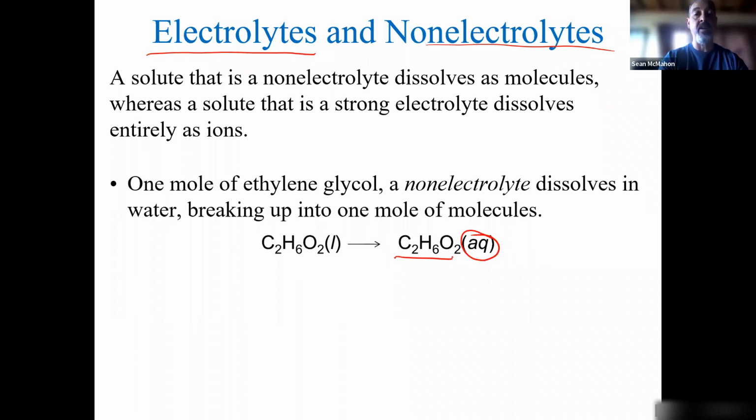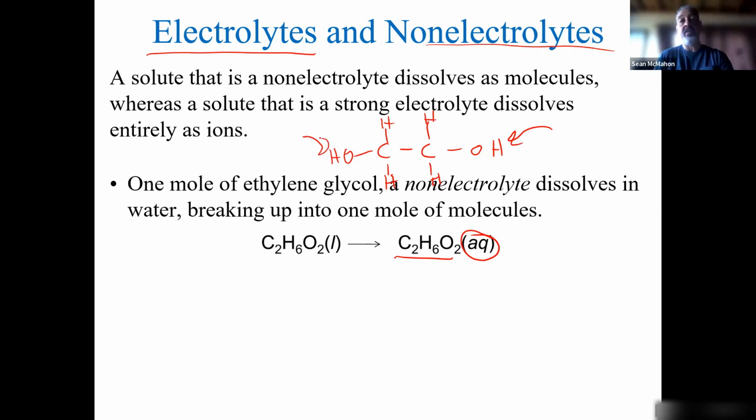And ethylene glycol is basically, you can think of it as this structure. There's 2 carbons, and then you have 2 alcohol groups, your OH groups, and then the remaining hydrogens. Okay, so this OH group makes this compound polar, and it allows it to dissolve in water. That's why we have aqueous.